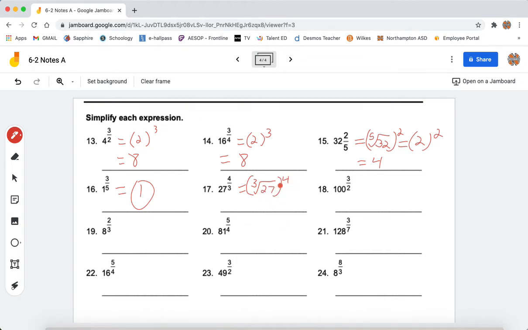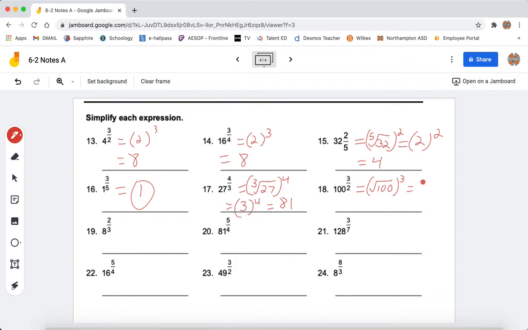So we got the cube root of 27 to the 4th power. Cube root of 27 is 3. So then I have 3 to the 4th is going to be 81. So we have the square root of 100 to the 3rd power then.